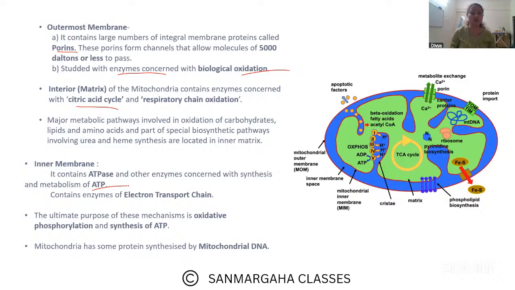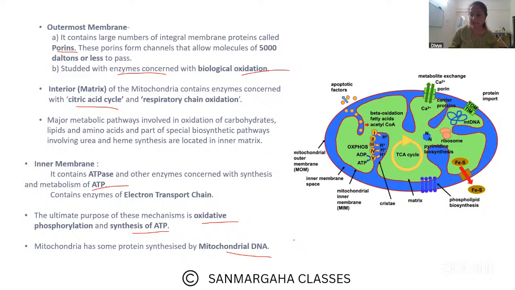Okay, and also the purpose of mitochondria is oxidative phosphorylation and synthesis of ATP. So these are the main mechanisms that take place inside the mitochondrion. Okay, and it has its own mitochondrial DNA to synthesize some of its proteins.